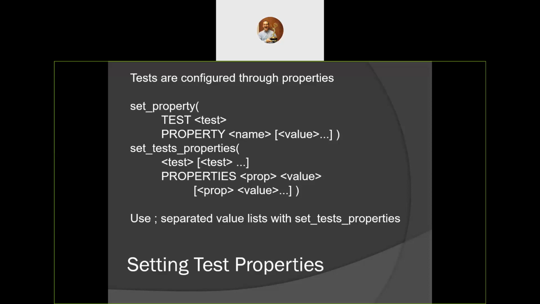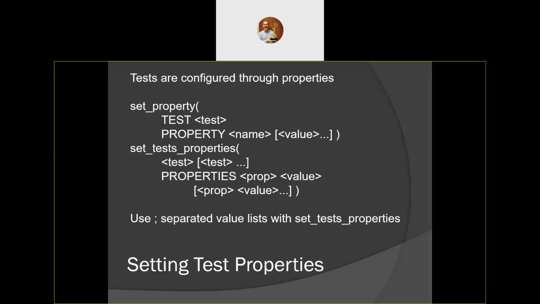Set tests properties allows you to set multiple properties for multiple tests all in one command, but the values are single values. So if you're setting a list of values, then you have to make sure that that is formatted as a string where the values are separated by semicolons inside the string.